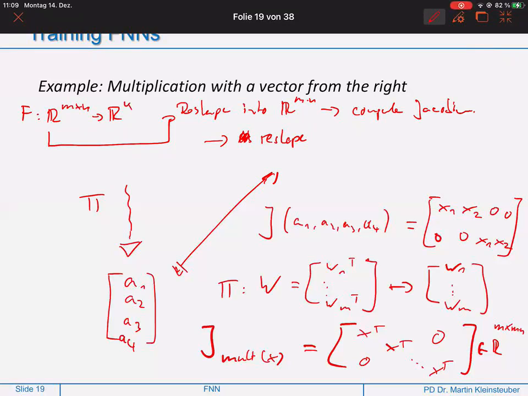Well, I thought that I could go through that without going into Hilbert spaces and stuff like that, but it's still possible. So reshape into R^(m by n), compute the Jacobian, then apply the Jacobian. This is what we have to do beforehand.